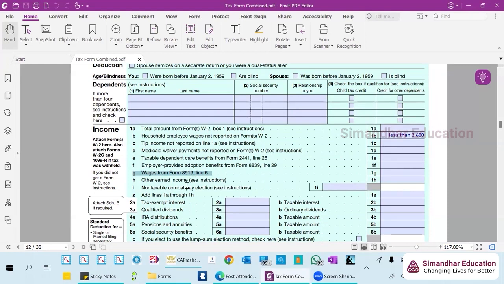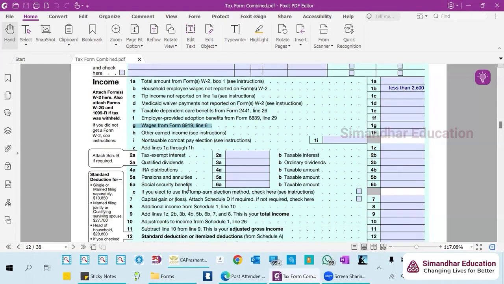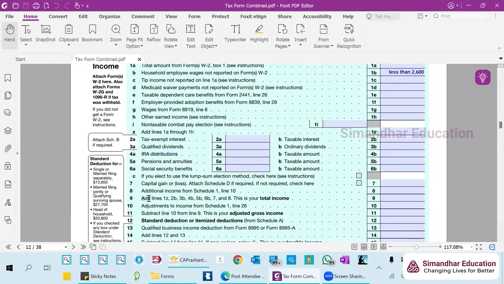If you have any interest, dividend, IRA, because IRA is the biggest topic that we have, there is a lot to cover. If there is any pension, annuity, or social security benefits, all of these sum up on my line 9, which is my total income.